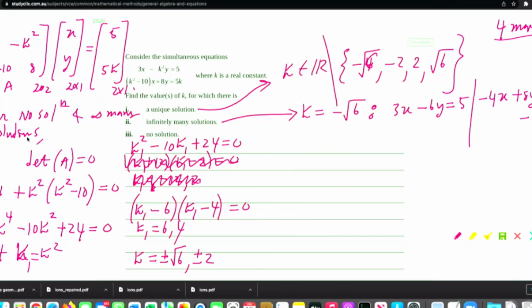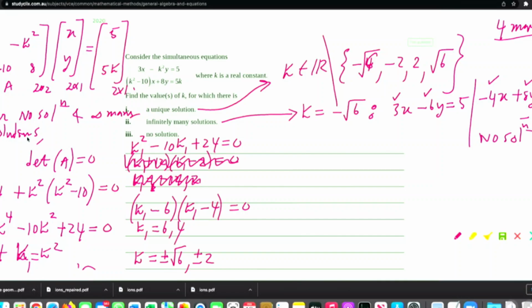If you look at 3 and minus 6, and minus 4 and 8, m is going to be half. What about m here? Half. What about the y-intercept? Different. So that means k equal to minus square root 6 gives no solution.